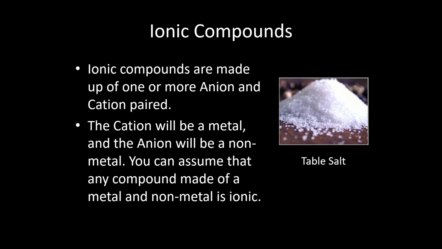So if we have a compound and a metal is present, it's ionic. We will never have a compound with only metals in it. At that point, that's not a compound, it's just a hunk of metal. And we don't consider pieces of metal to be compounds. So if it's a compound with metal in it, it is going to be ionic.